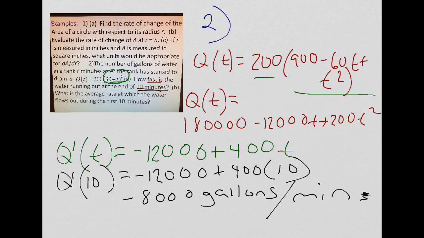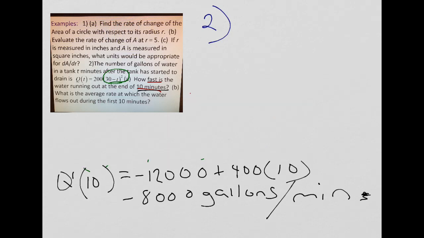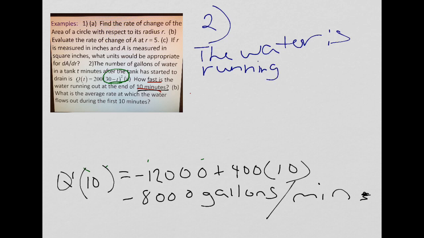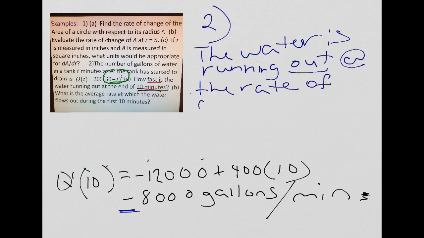Let me go over how to write our answer. Okay, so we want to say that the water is running out. And I'm underlining out only to also underline the fact that we got a negative answer, at the rate of, and we're just going to use the 8,000 because we already indicated the negative sign by writing the word out.